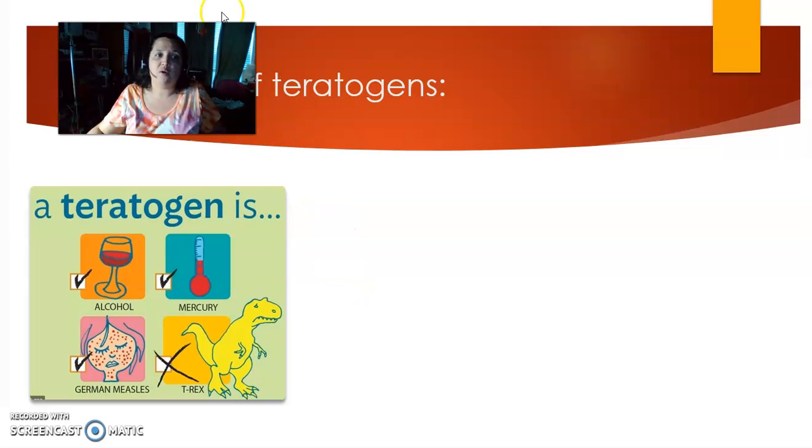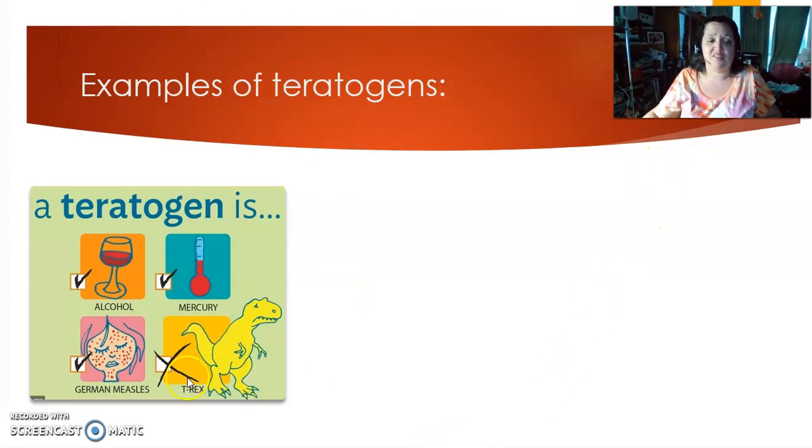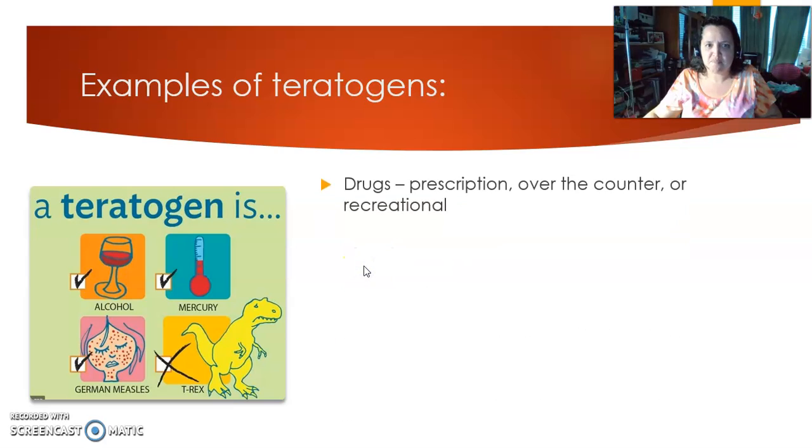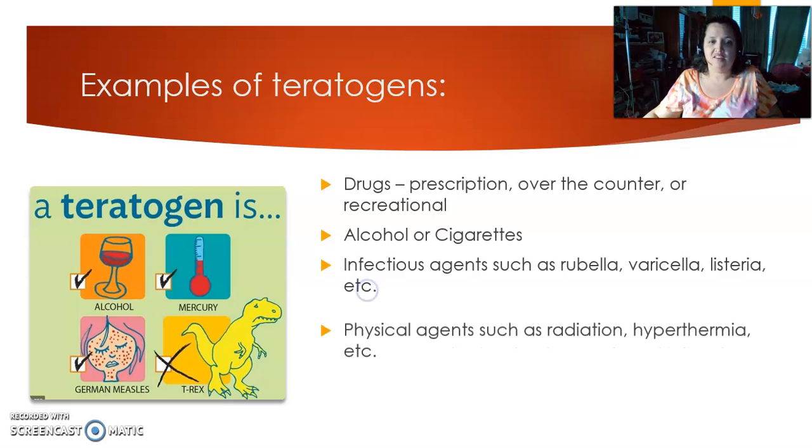One in particular that we will discuss, but first let me get to some examples of teratogens. They can include drugs such as prescription drugs, over-the-counter, even recreational drugs, illegal drugs, alcohol, cigarette smoke, infectious agents like rubella, varicella, listeria, things that you can catch as a parent.